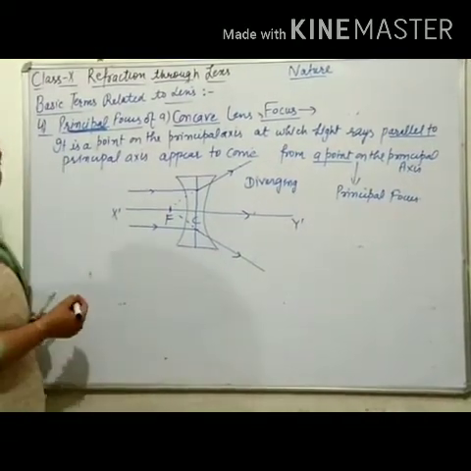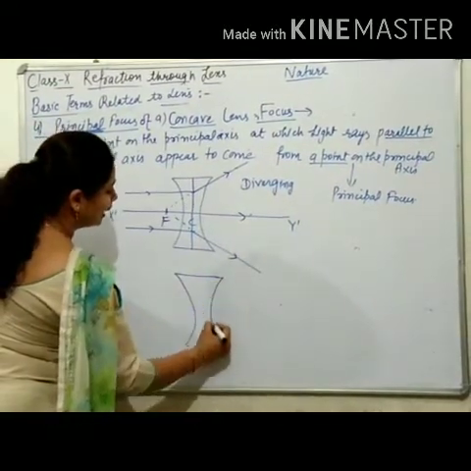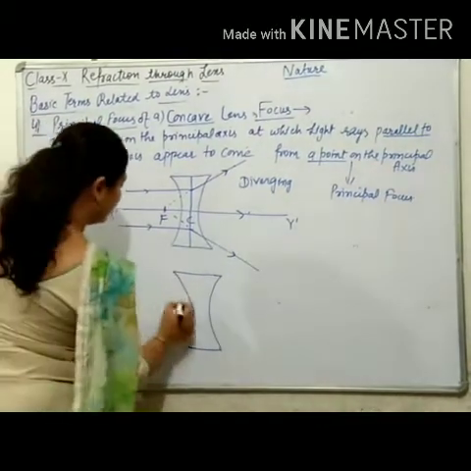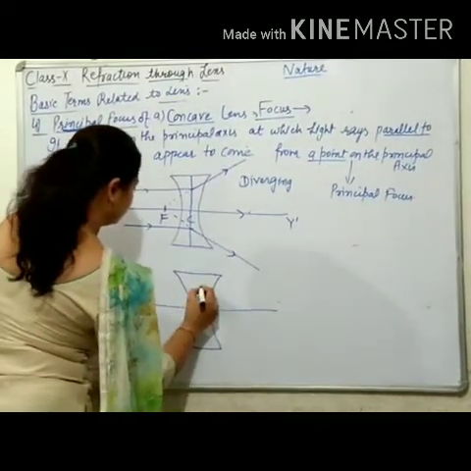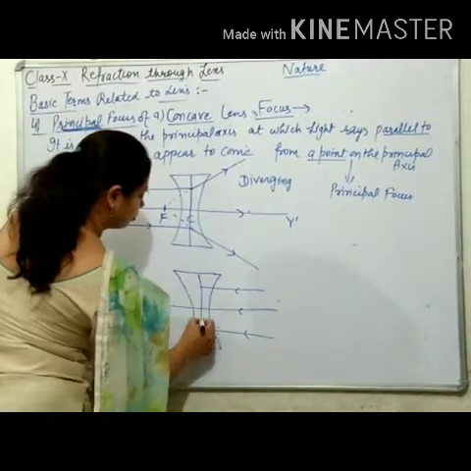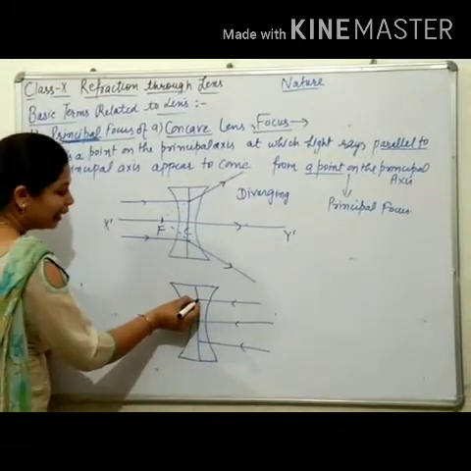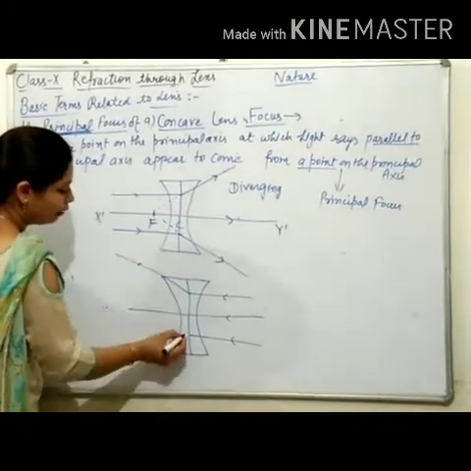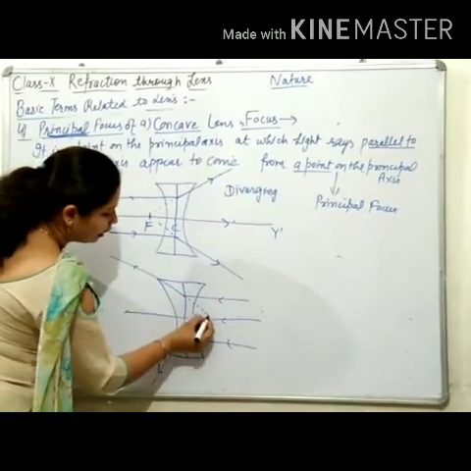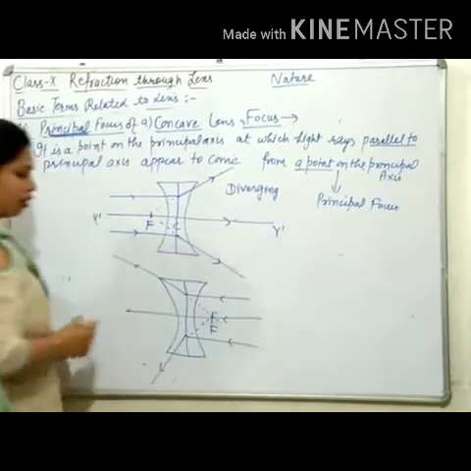As in the previous case, it's not compulsory that light rays come from the left. If rays come from the right, when they pass through the concave lens, they diverge in the forward direction and appear to come from a point, which is known as the principal focus.